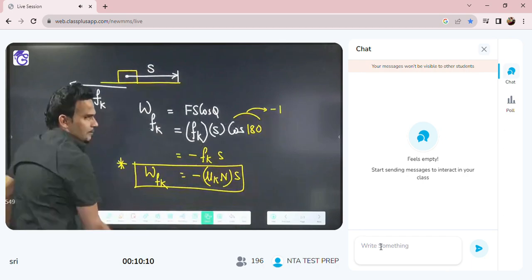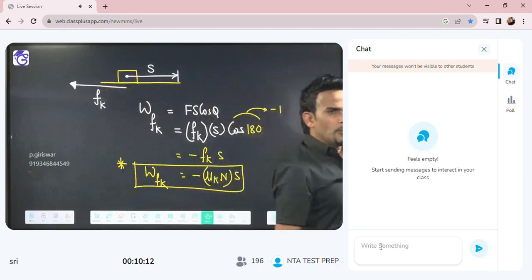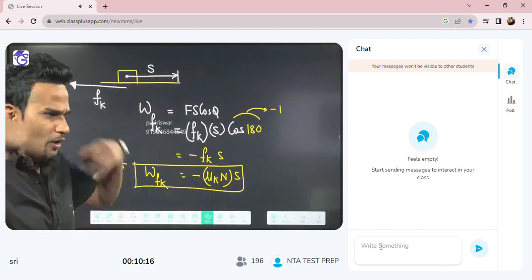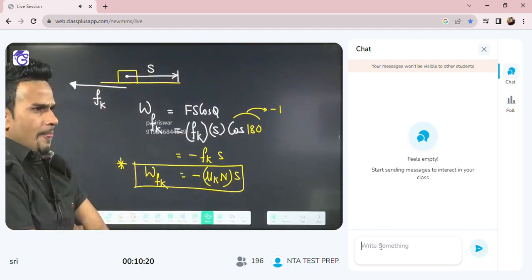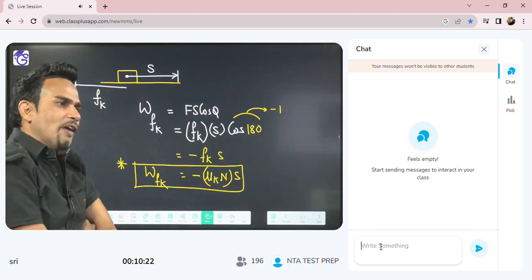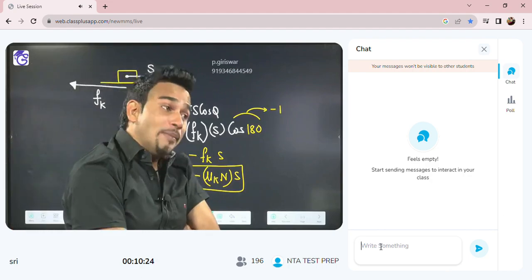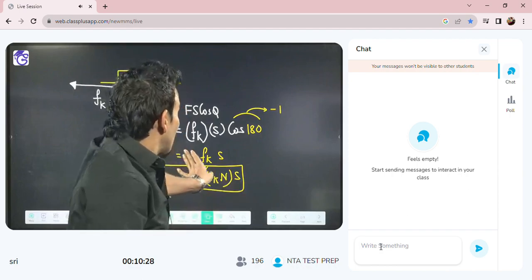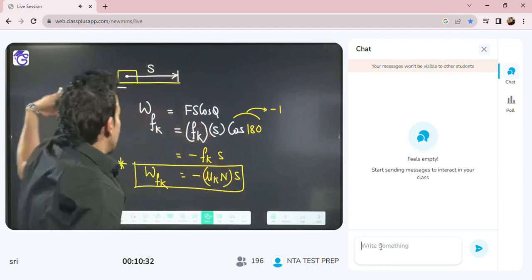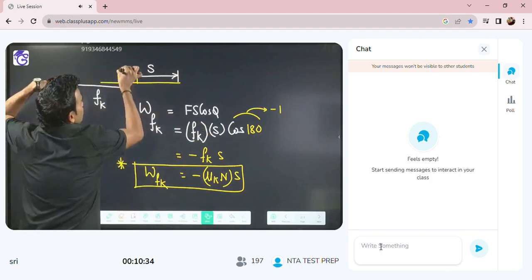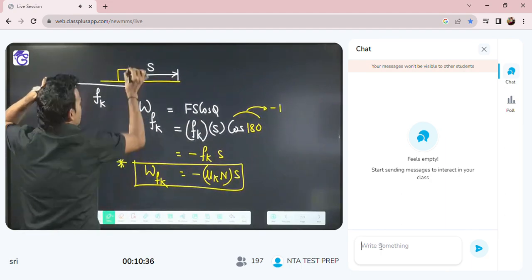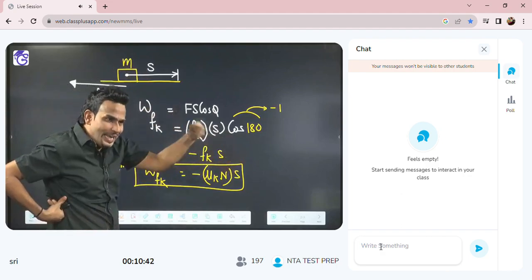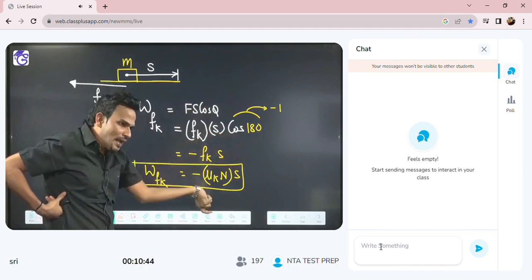Is it okay? Why are we not writing N equal to mg here? Generally we write mg cos theta when the surface is not horizontal, so I always keep N general. You have studied in pushing: N will become mg plus F sin theta.